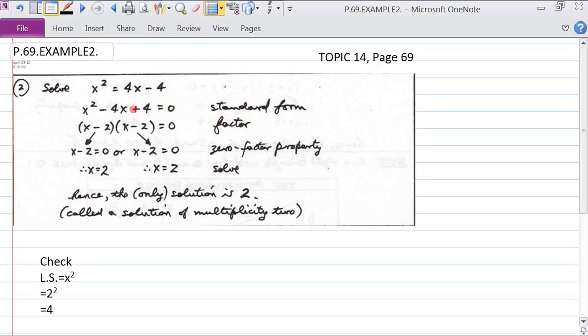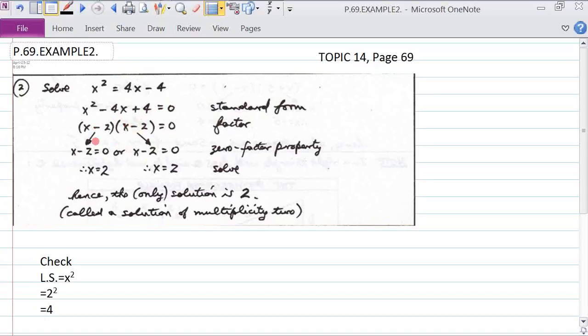Now it's in the standard form, ax squared plus bx plus c equals 0. Now I factor this, and it factors as a perfect square. So it's x minus 2 and x minus 2.